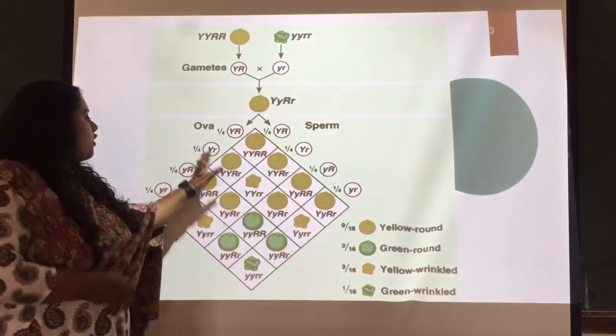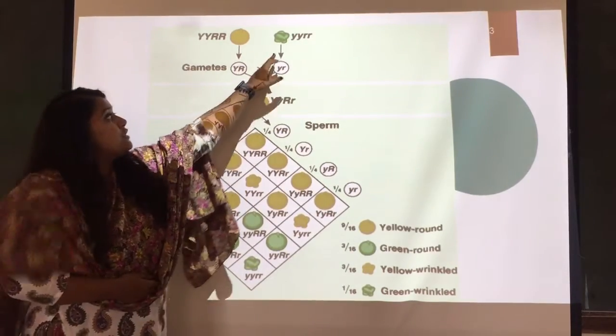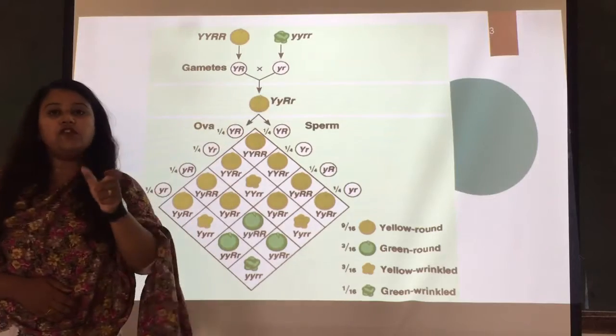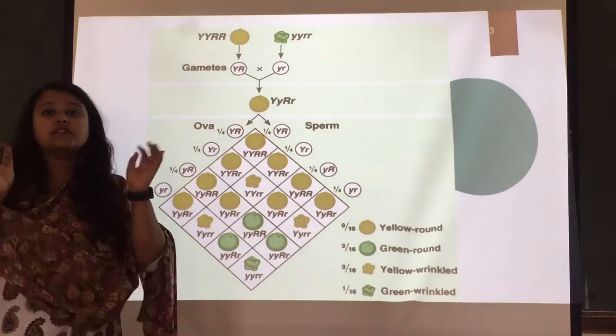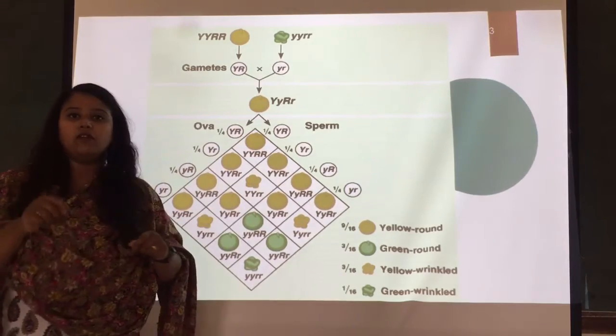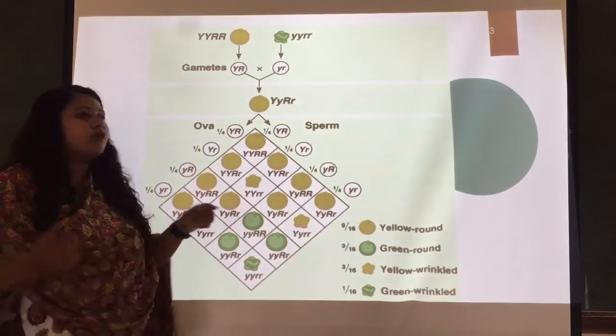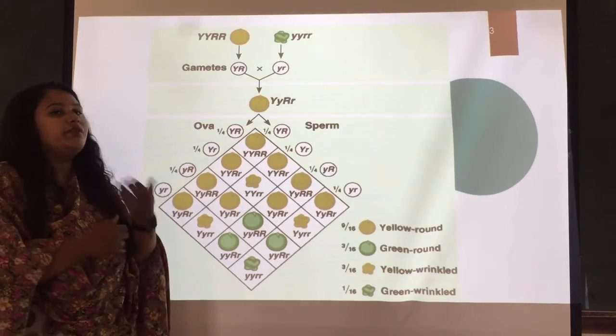For this reason, the small r expresses, which is the particular gene for the seed shape, that is wrinkled. So here the color will be yellow as the capital Y is present, but small r is there, so it is not going to be round in shape, but it will be wrinkled.